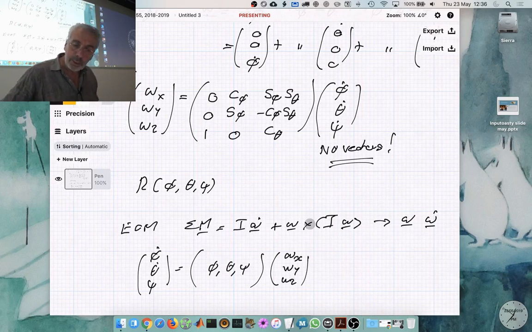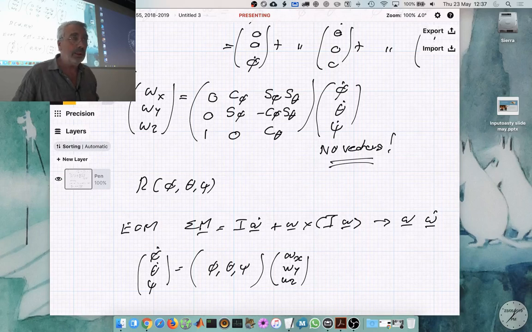So with this set of differential equations, we solve for our angular acceleration, and from these we map our angular speeds to the time derivatives of the Euler angles, and then we can integrate these with time.